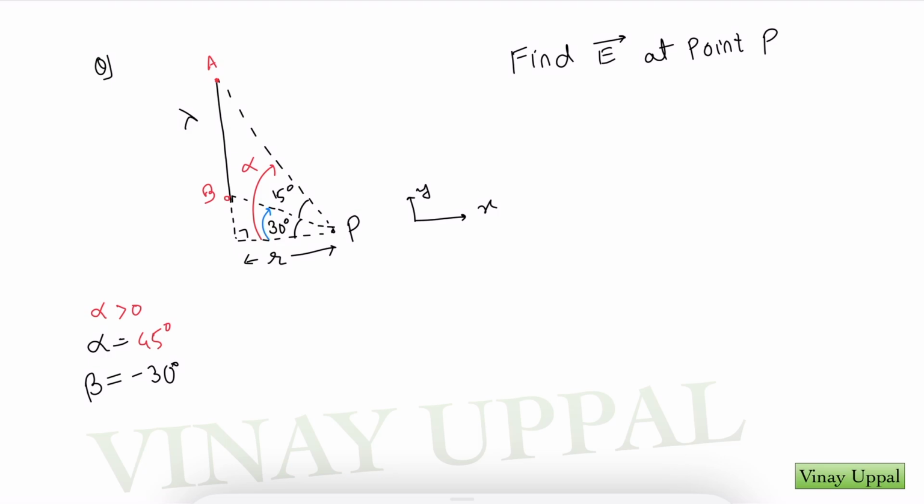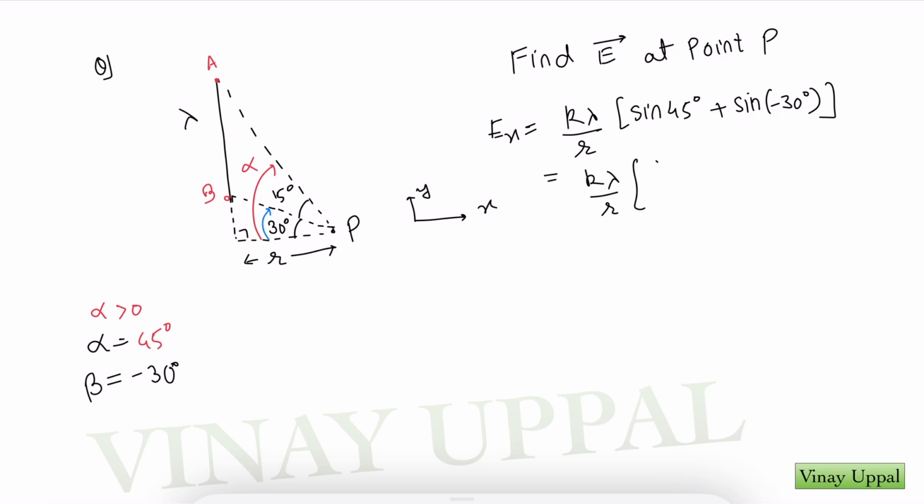And now you just have to substitute it in your formula that we had derived. So Ex was equal to k lambda by r times sine alpha, sine 45, plus sine beta. So this would be equal to k lambda by r times 1 by root 2 minus half, and Ey would be k lambda by r times cos alpha.